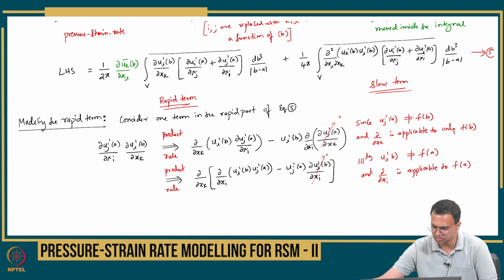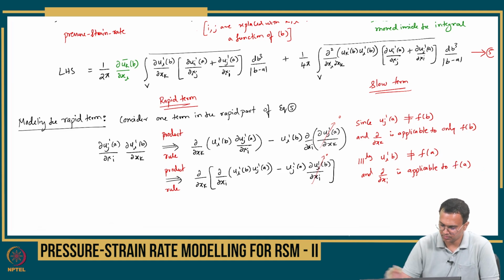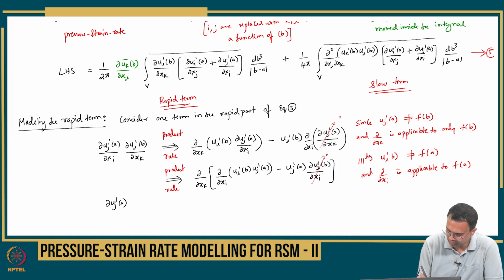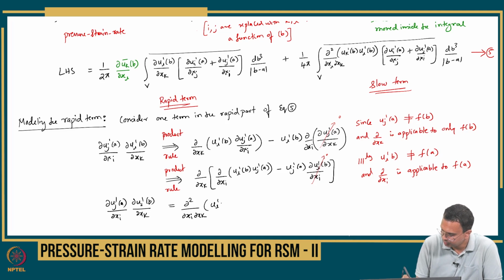So essentially this particular term is nothing but the left hand side here, which is dou uj prime of A by dou xi, dou ul prime of B by dou xk, equal to dou square by dou xi dou xk of ul prime of B uj prime of A.